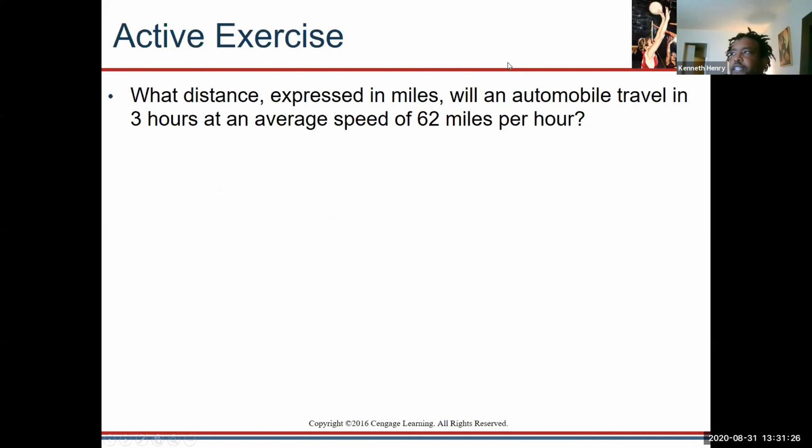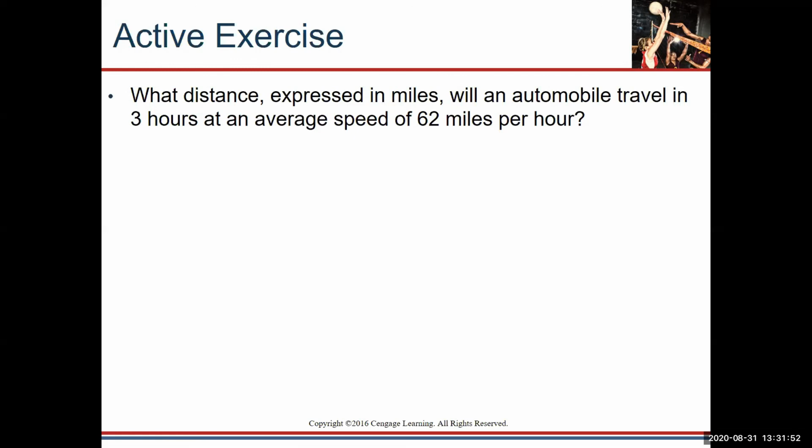So what is the distance expressed in miles will an automobile travel in 3 hours at an average speed of 62 miles per hour? So let's start. Jennifer, you gonna help me out with this one? Sure. So the given is an average, 62 miles per hour.